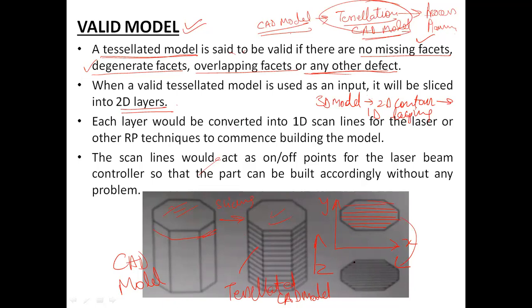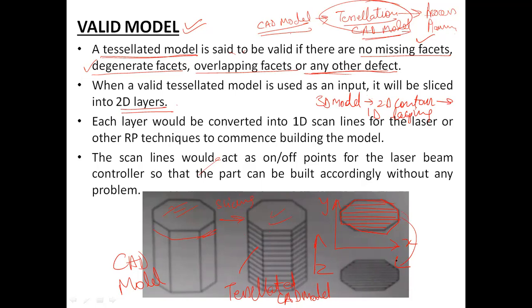Now, once you are depositing in a single direction, you have to be aware that all the boundaries have to be there in order to define a valid contour. So solid boundary, what you have read in solid modeling, the first part: boundary and interior have to be very properly defined.